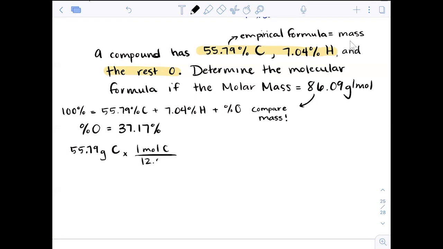We could convert that to our moles. So we're getting 4.65 moles carbon. Same for hydrogen.